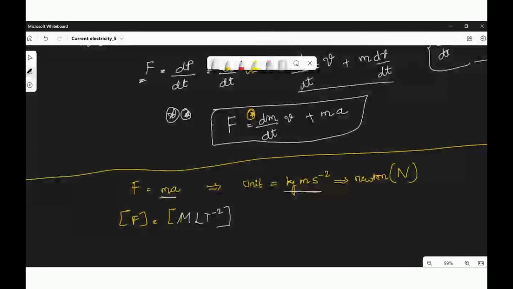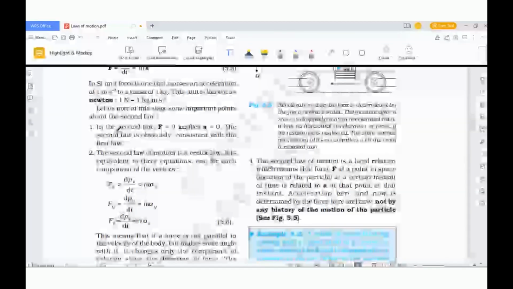Now coming back, there are some facts that are discussed in terms of force. If I want to define 1 Newton, how can I define it?